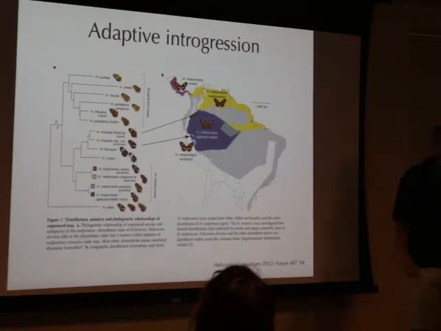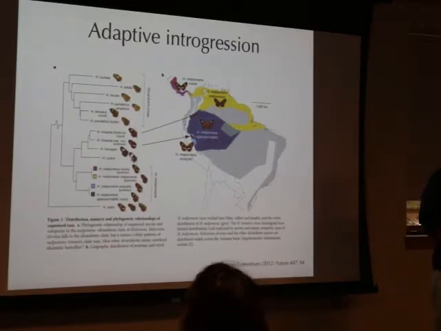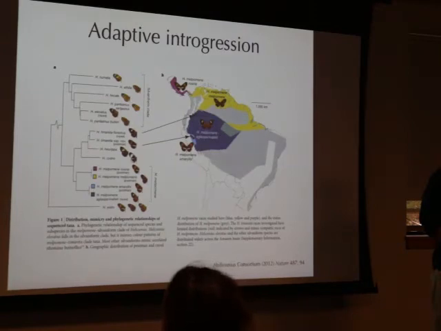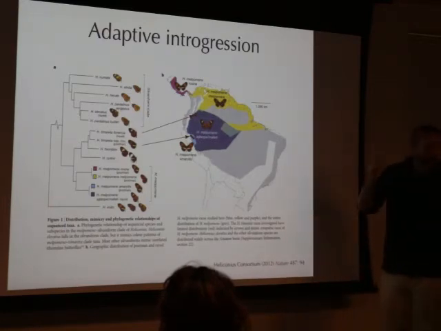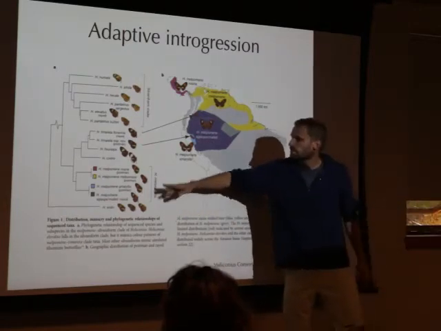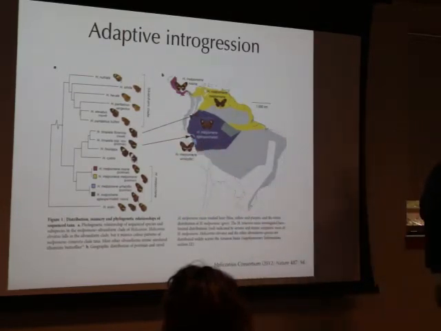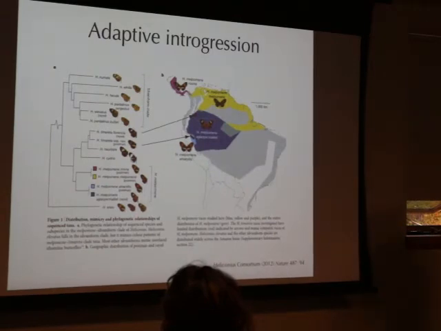Some of those mimicry color patterns are the result of adaptive introgression, where there's hybridization and alleles at the loci that determine those different color patterns have popped over from one species to another and increased in frequency because of selection. So all of these complex color patterns are largely the result, or in part the result, of adaptive introgression because of hybridization.